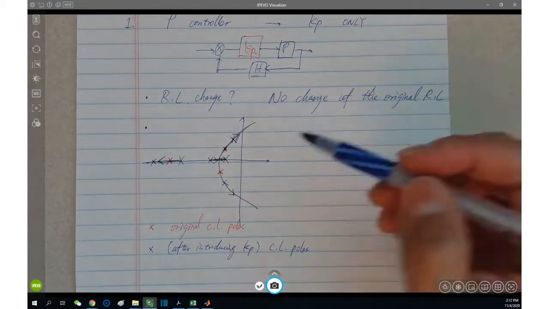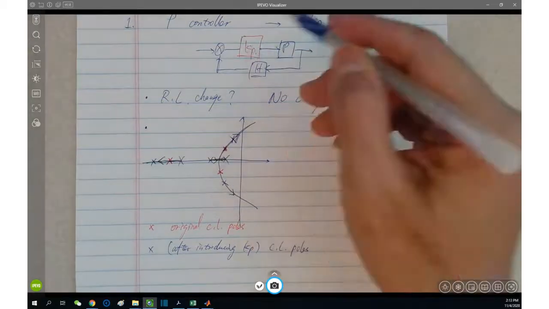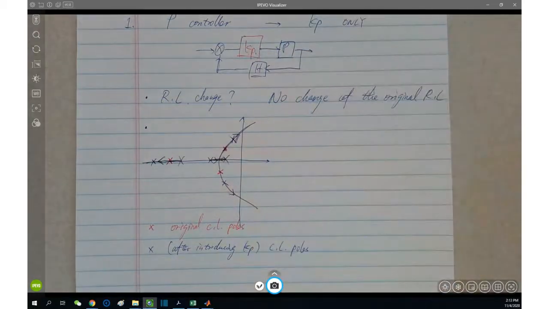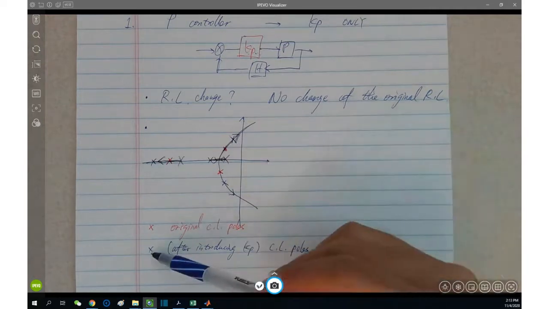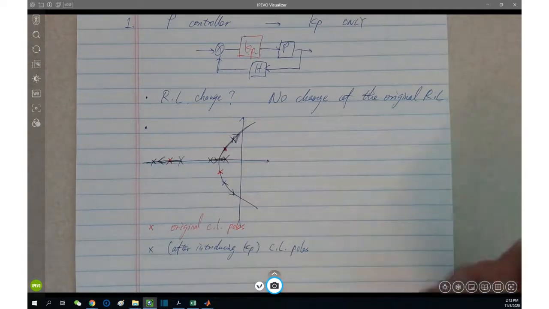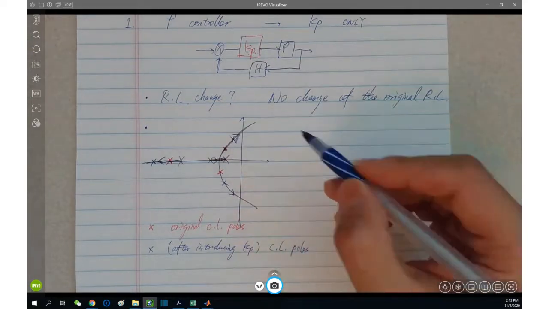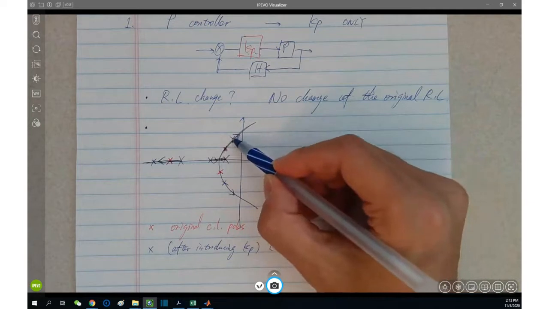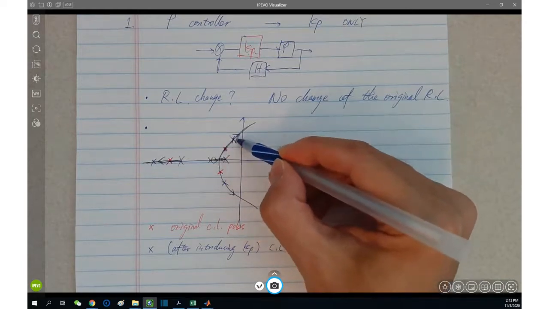If we assume KP is greater than 1, then the new blue closed loop pole location moves down along the root locus, from red to blue, rather than the other way around, because we have direction, remember?